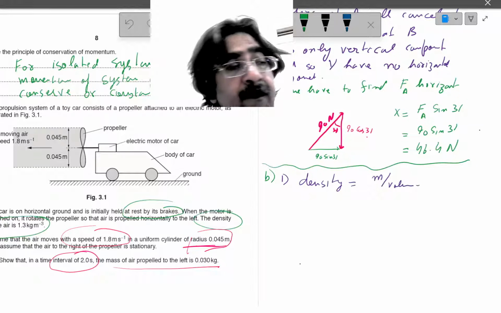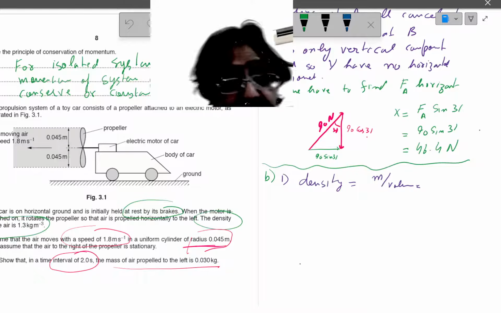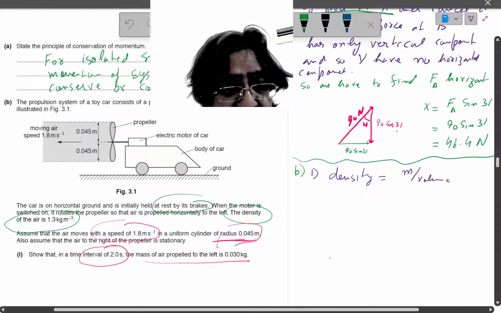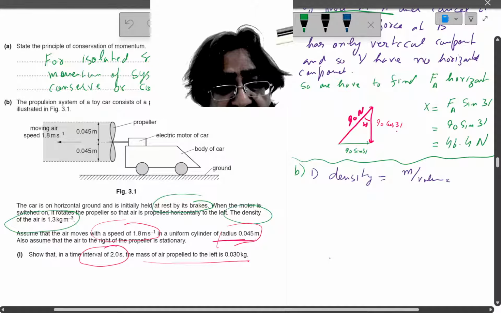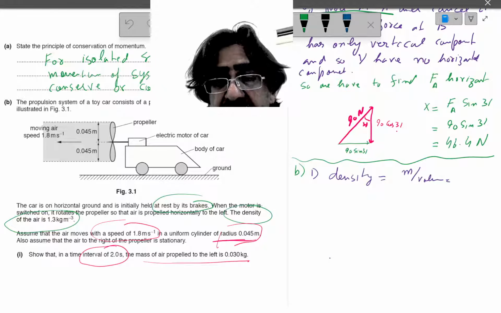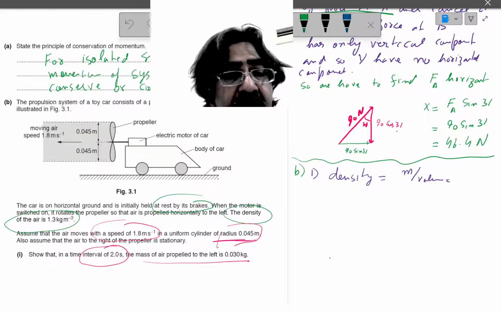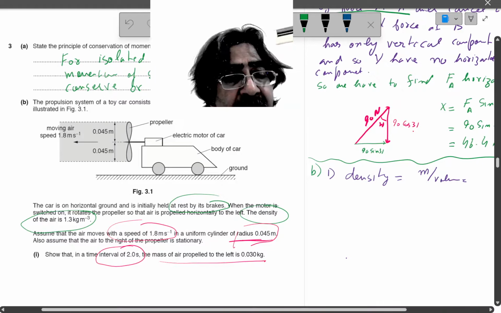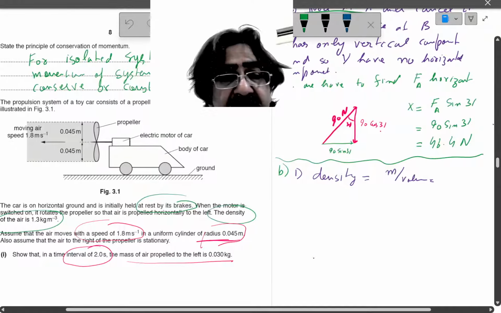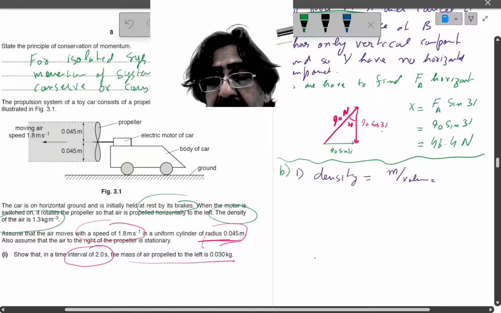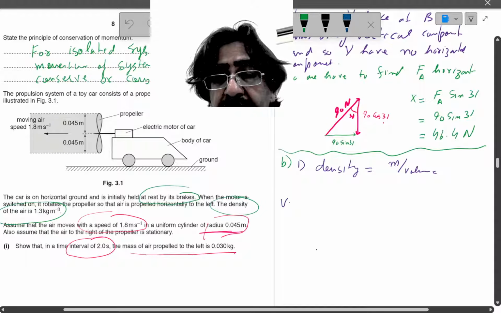So in the interval, the mass of air is density of air times volume. So firstly, we have to find the volume of the cylinder.